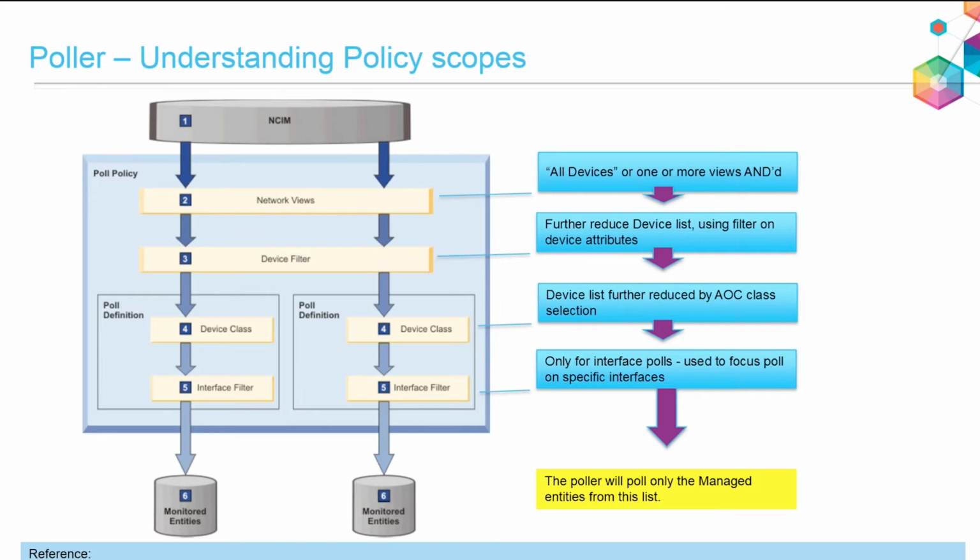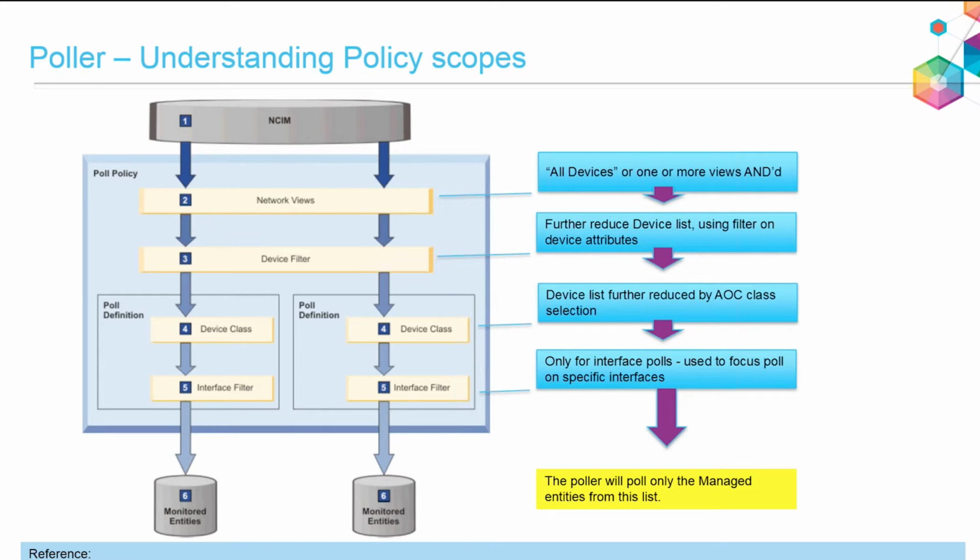What I want to show in this chart is how the filtering actually works. It goes to a lot of trouble to only poll, and therefore throw events, for devices or entities that you care about. So I want to show you how that filtering works so you can use it to your advantage. First off, all the devices are in the NSIM database.